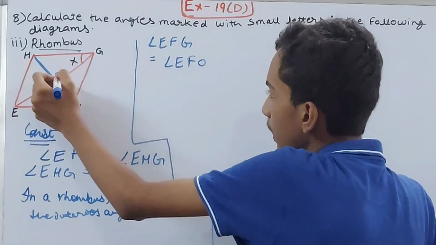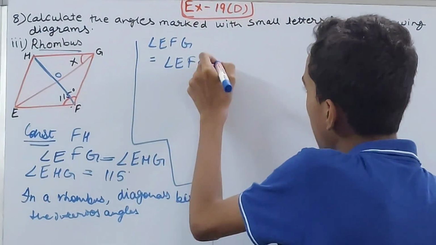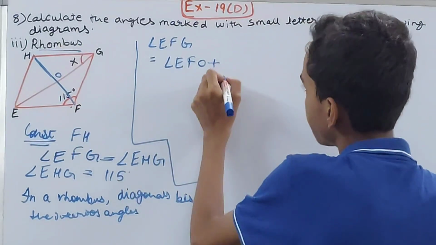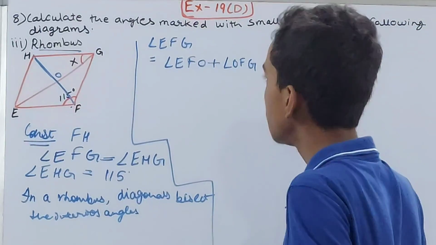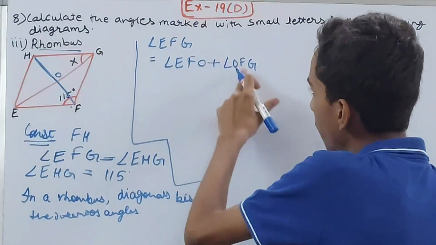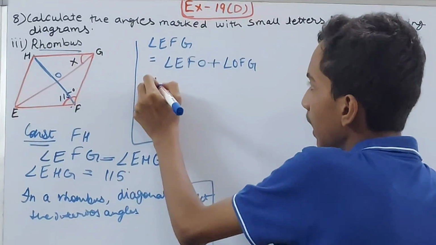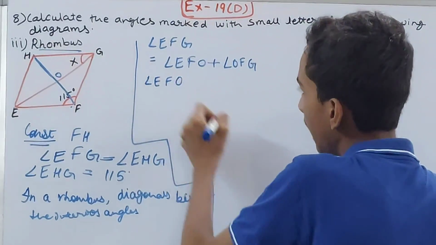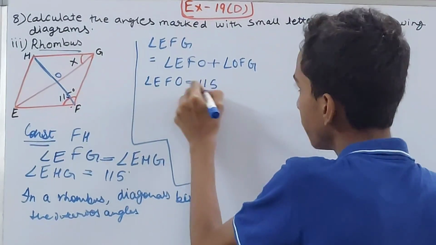So therefore what we will obtain, look, EFO plus OFG, that is equal to EFG, right? Therefore angle EFO will be half of 115.